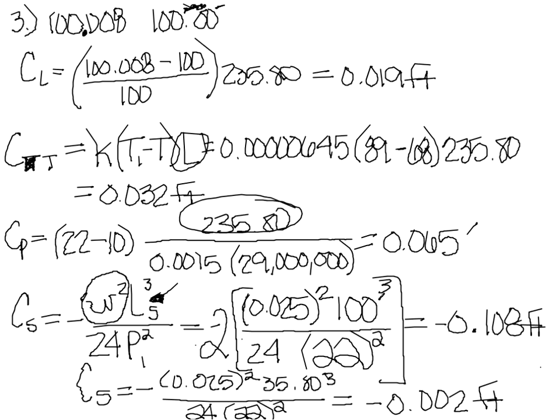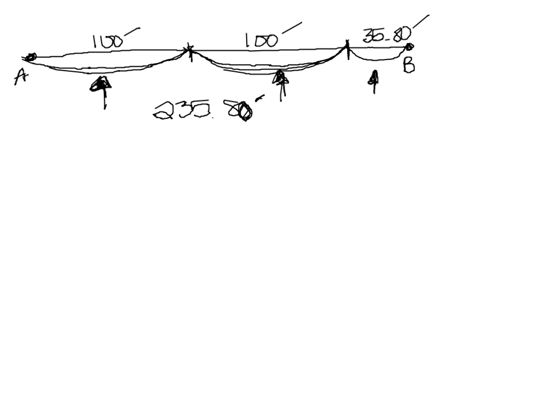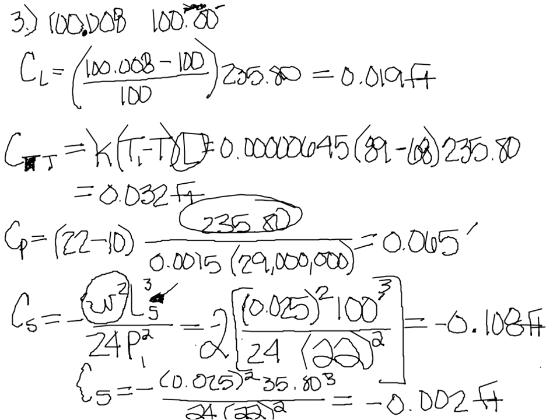Okay, so we're almost finished with this problem. Okay, so what have we done here? We've calculated the value of the correction for each type of correction. So we need to correct our measured distance by this much here for length. This might make it a little bit easier.